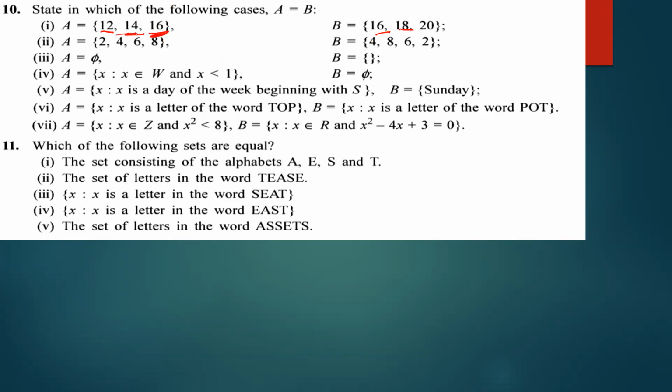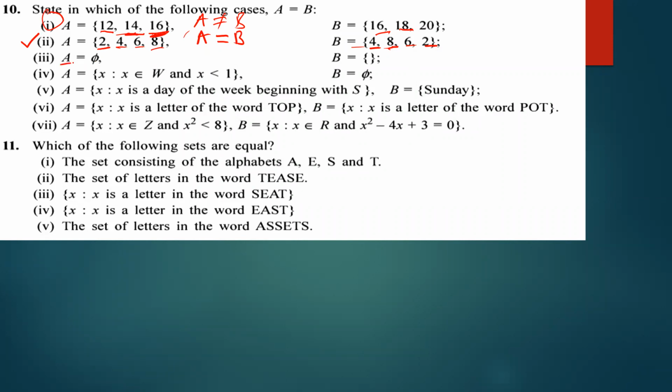As long as there is just one difference, it means that set A is not equal to set B for the first one. The second one, we have 2, 2. We have 4, 4. We have 6, 6. We have 8, 8. Since these two sets consist of the same elements, we say A is equal to B.